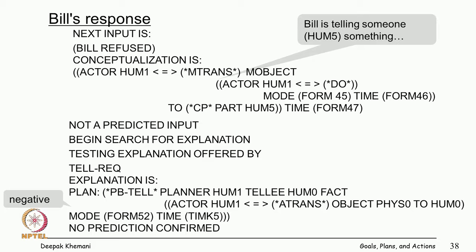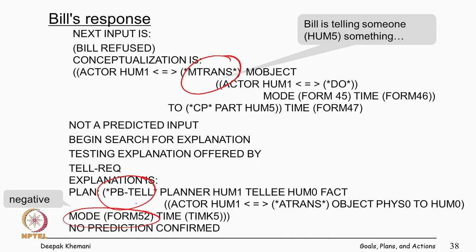So, as you can see here, Pam explains the action of M-trans by saying that there is a plan box of telling somebody. So, he had a plan of telling him something, and what he had a plan of telling him was something negative.